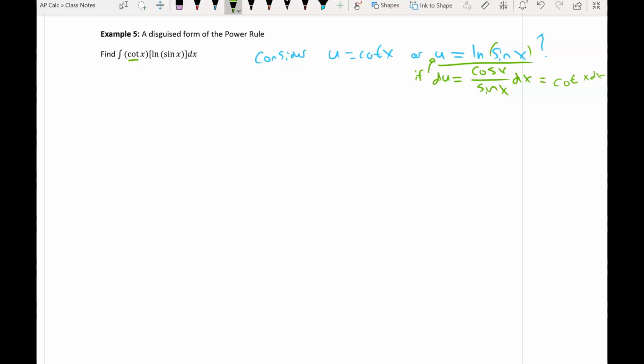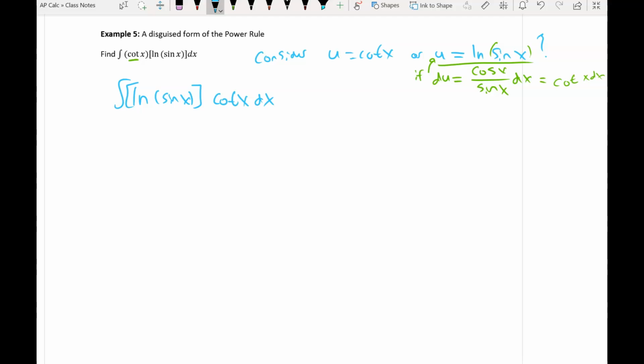So this just becomes a power problem, essentially. We can do some u substitution, and we can write this as the integral of, and I'm going to rewrite the entire quantity, ln of sine of x times cotangent of x dx.